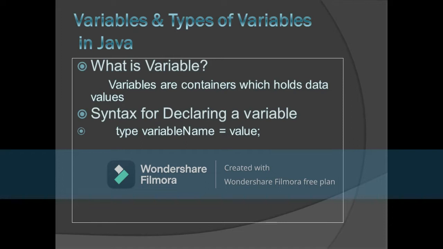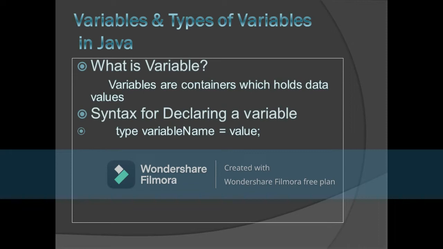In the value place we have 200, the variable name is amount, and the data type would be int because 200 is an integer type. That is the declaration of the variable.